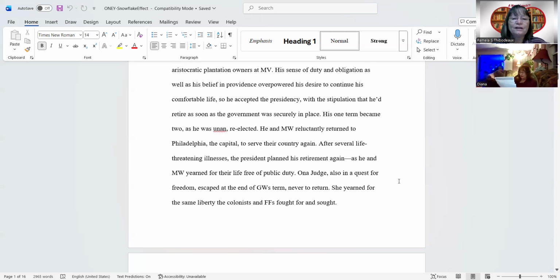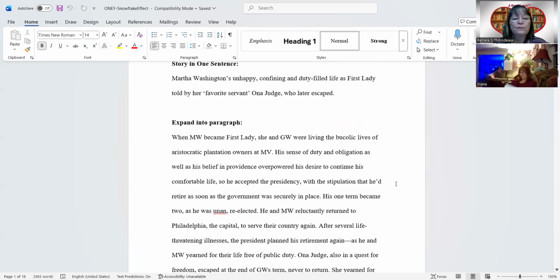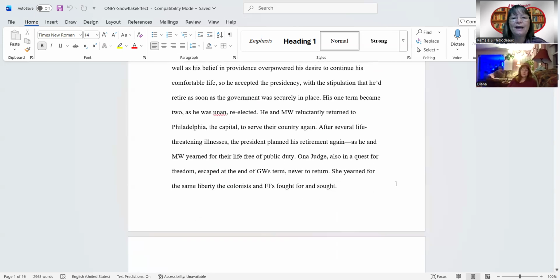I see here that Ona Judge also is on a quest for freedom, and escapes at the end of George Washington's term, never to return. It's amazing how that paralleled Martha Washington's feelings about being first lady. Exactly. It does parallel, in different ways, of course.